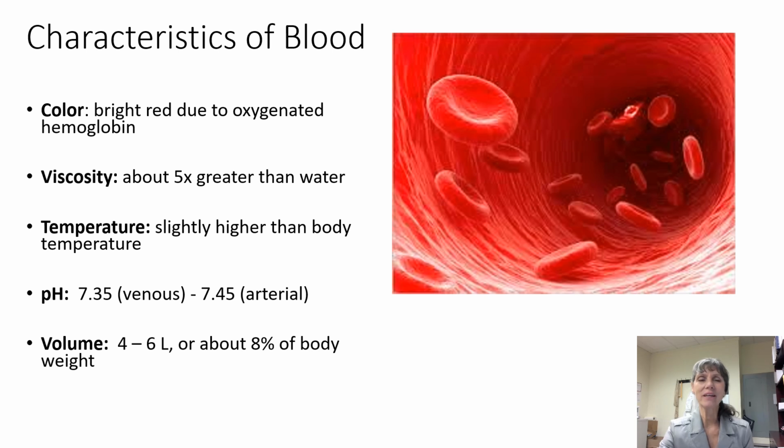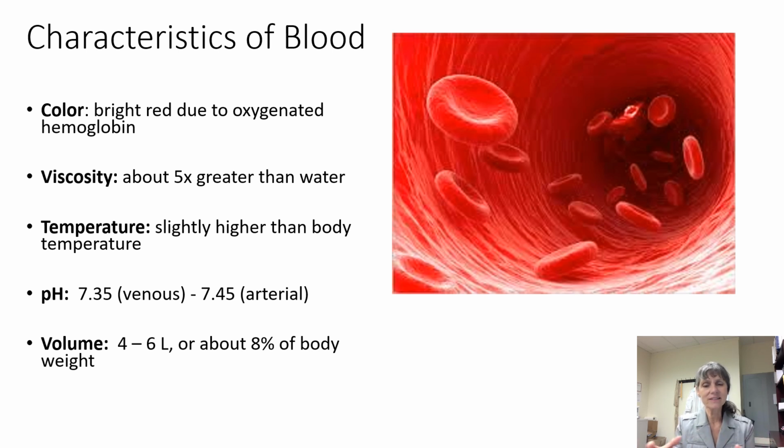So when we look at blood, blood normally has a bright red color when the hemoglobin is oxygenated. Now, in arterial blood, there are higher levels of oxygen than in venous blood because arterial blood is that freshly oxygenated blood that hasn't delivered oxygen to the rest of the body's cells.